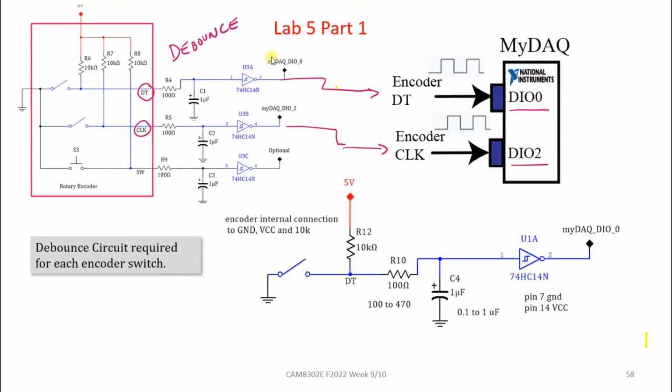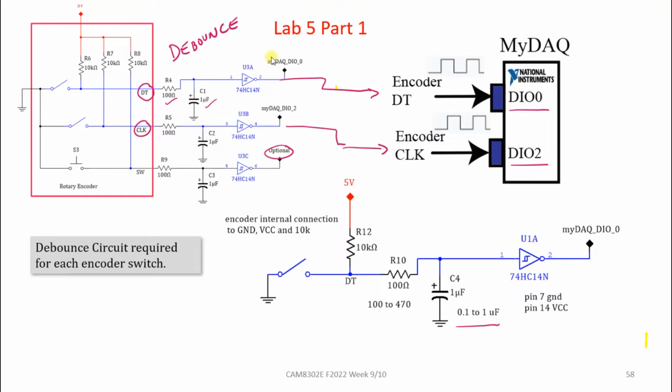These are the encoder pins. This 3rd pin is actually optional at this point. So you must connect in series with the DT pin, a 100 ohm resistor, a capacitor, anywhere from about 0.1 to 1 microfarad will work.